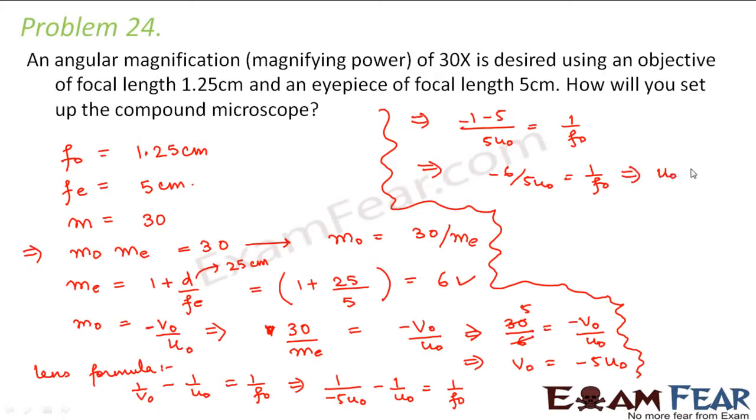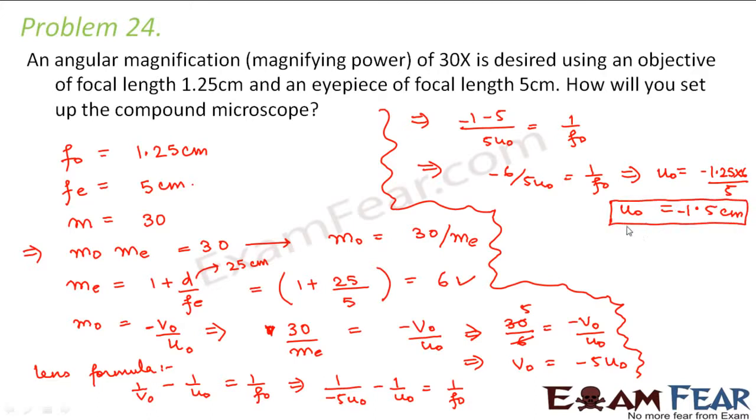Or UO is equal to minus 1.25 into 6 divided by 5, which comes out to be 1.5 centimeters. So UO, that is the distance of the object from the objective, is minus 1.5 centimeters.